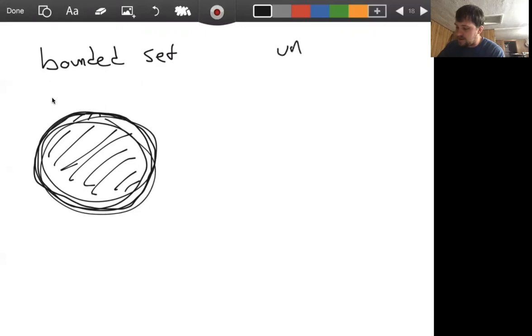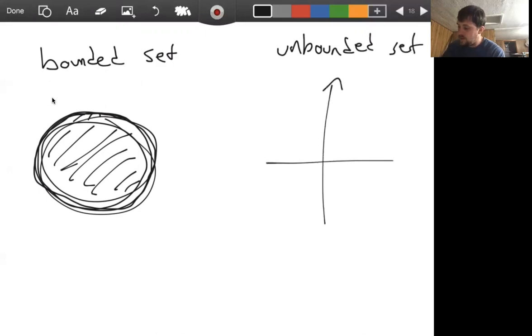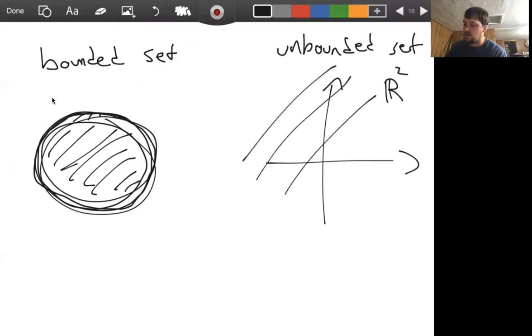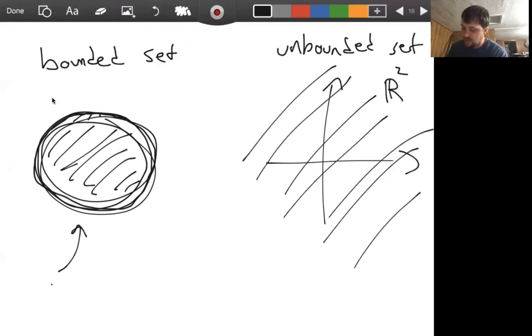Like an unbounded set could be the entire plane, right? Like R2, just take the whole plane. This is closed and bounded. It's closed because it contains all of its limit points, and it's bounded because it has boundary.